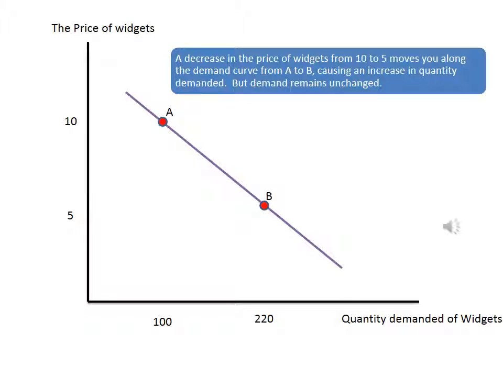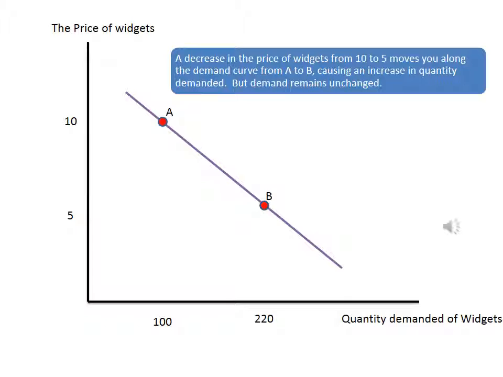We define demand as the entire relationship between price and quantity. So we haven't changed the relationship between price and quantity. In essence, the demand for widgets is this entire line. So when you move along the line, you haven't changed the line. When you move from A to B, you don't change the demand for widgets.